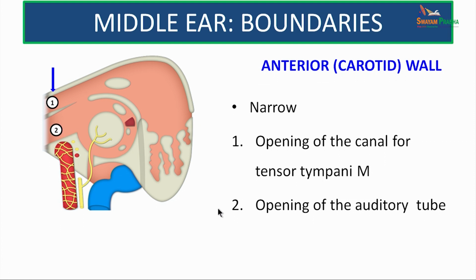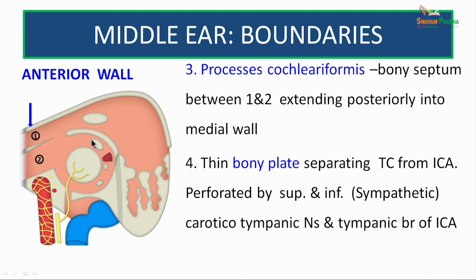Below that we have the opening of the auditory tube, which communicates with the nasopharynx. The processus cochleariformis is a bony septum which separates the two canals that we discussed earlier, and it extends posteriorly into the medial wall, where it is related to the tendon of the tensor tympani.